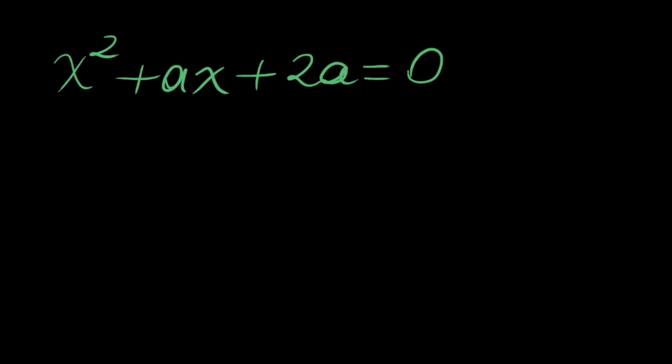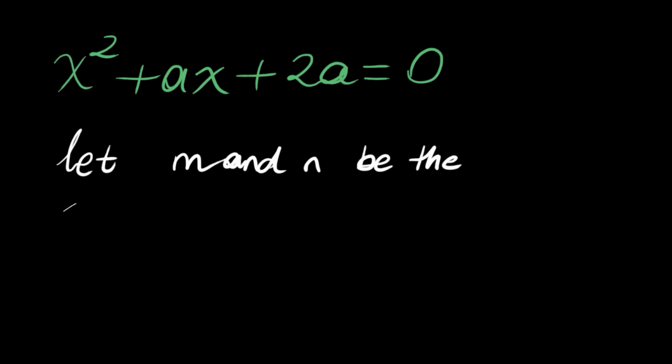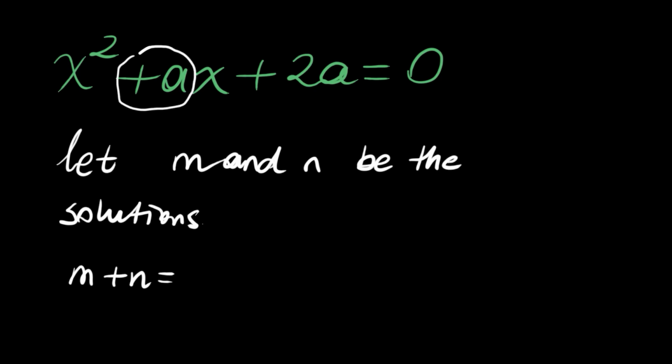Now let m and n be the solutions for this quadratic. Then the sum of these two roots will be equal to the coefficient of x, negative a, divided by the leading coefficient, 1.